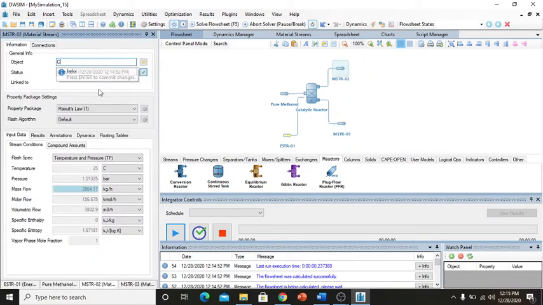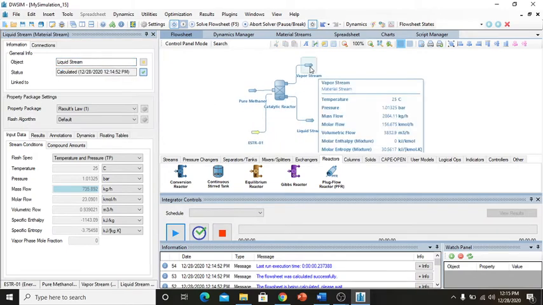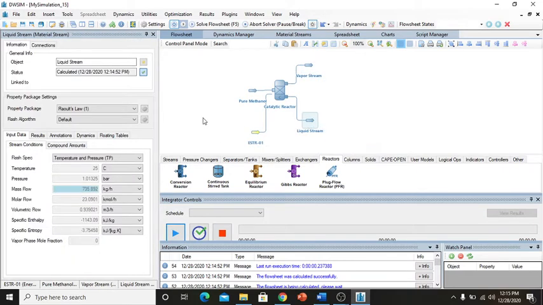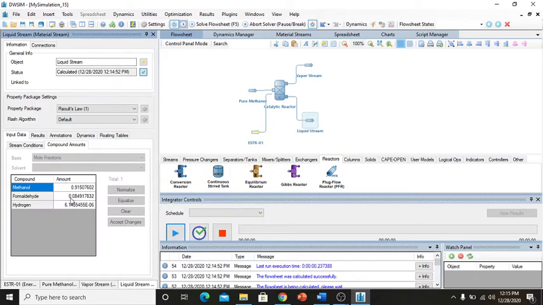As you notice here, vapor stream, because the vapor phase mole fraction is 1. And what goes out below is the liquid stream. Now let's find out where the formaldehyde is. In the vapor stream, there's 0.4 formaldehyde, and for the liquid stream, there's 0.08 formaldehyde.